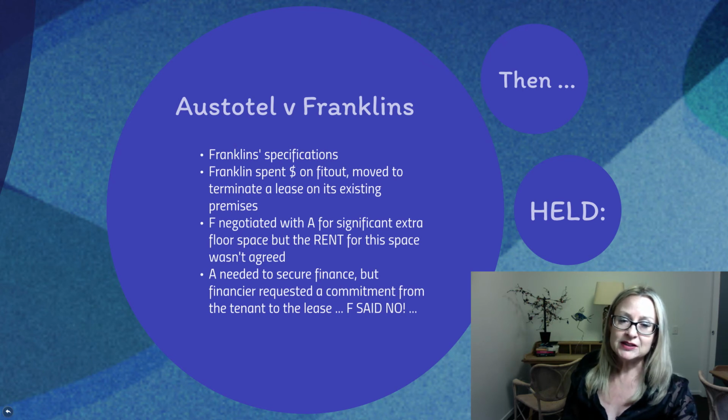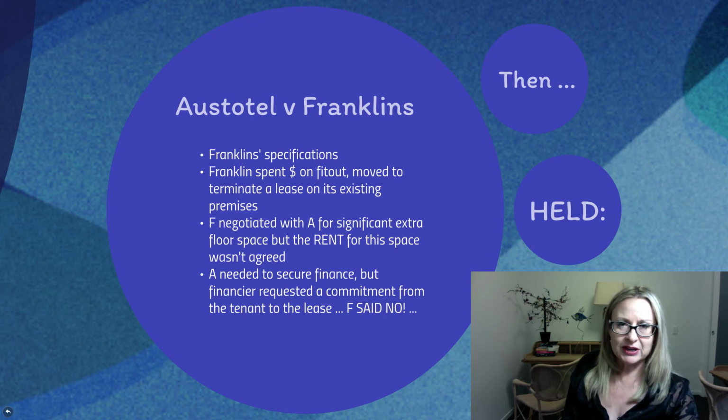Now, Franklin's then negotiated with Ostertell for a heap of additional floor space, and the big question mark that was left was how much Ostertell was going to ask Franklin's to pay for this large amount of extra floor space. Franklin's and Ostertell never reached agreement on the amount that was going to be paid for that additional floor space.